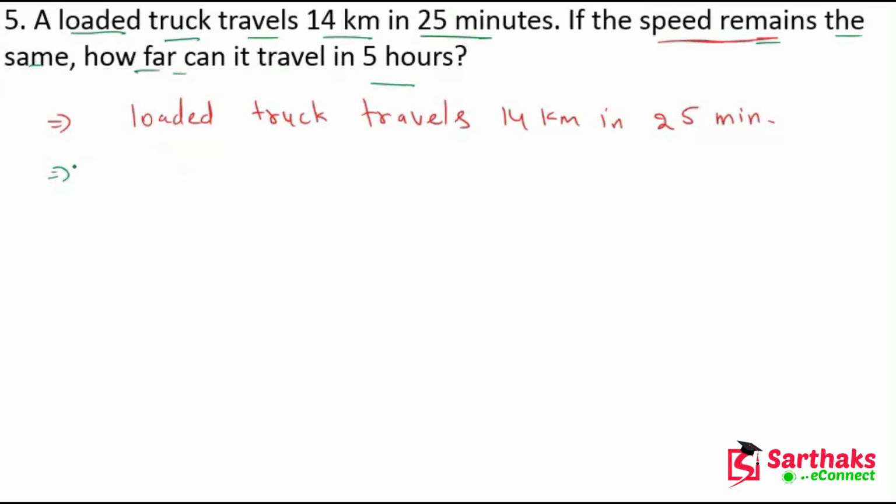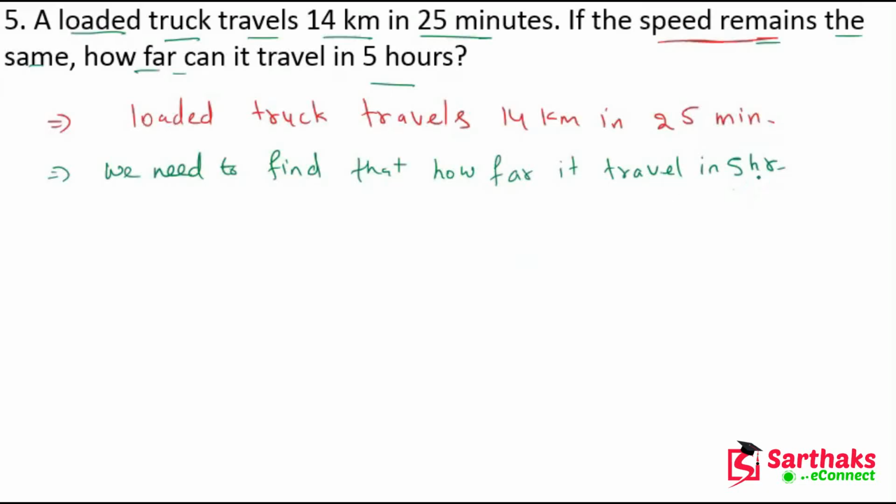So here we need to find how far it travels in 5 hours. Now here we have to convert these 5 hours into minutes. So how can we convert it?